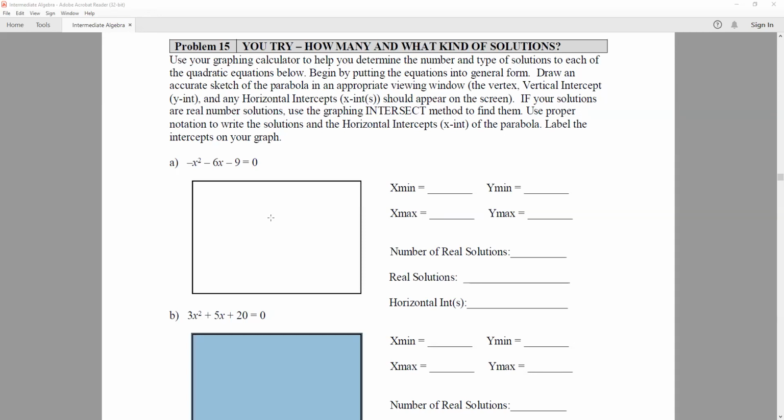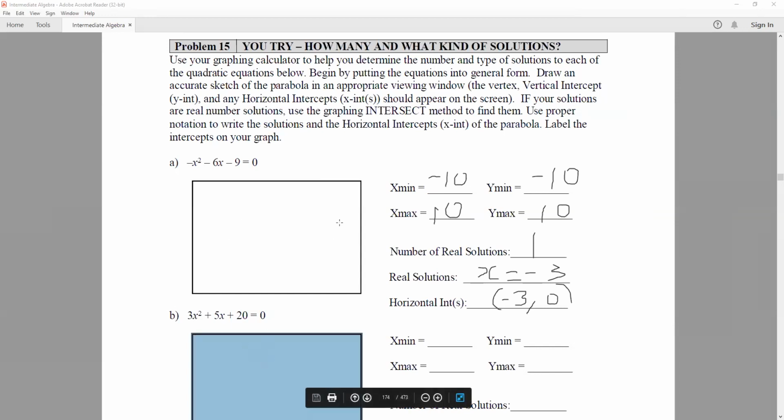And now your x minimum is going to be -10 because I use the standard window, and +10, -10, +10. Now, how many real number solutions? 1. What was the real number solution? That is the x. What was the x-intercept? -3, and then 0. Right? And that's it.